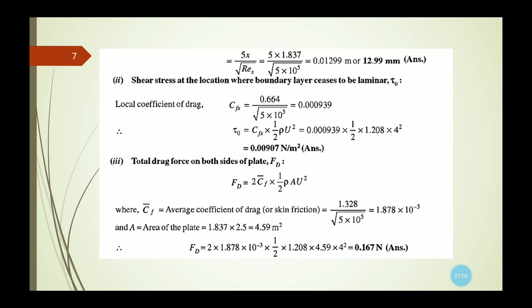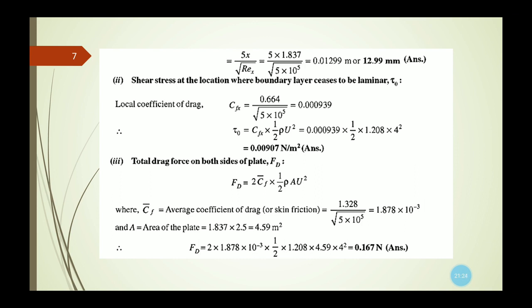Now for the second part of this numerical, we need to calculate the shear stress at the location where the boundary layer ceases to be laminar, that is tau naught. The local drag coefficient has the formula Cfx = 0.664 divided by root under the Reynolds number, which is coming as 0.000939.